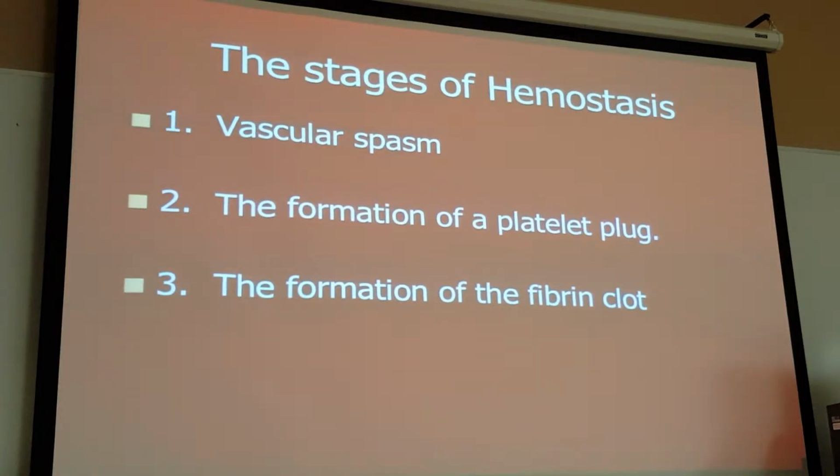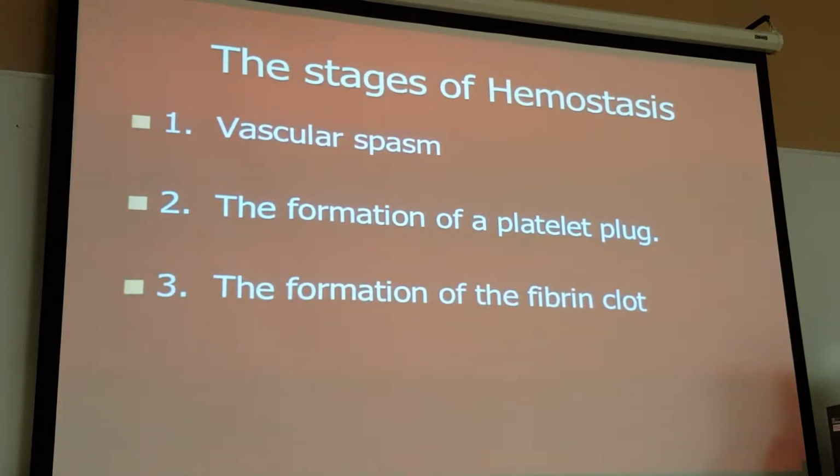But if it's a little one, these little spiral muscles constrict immediately. It's part of the pain response. And so if you plug off the blood in that teensy little vessel, that lessens the chance of losing it out the hole.